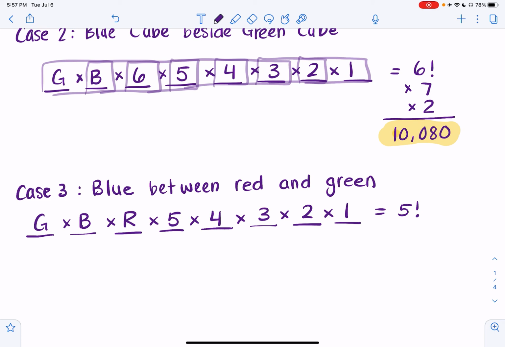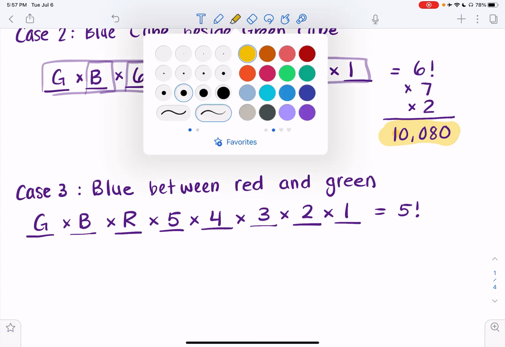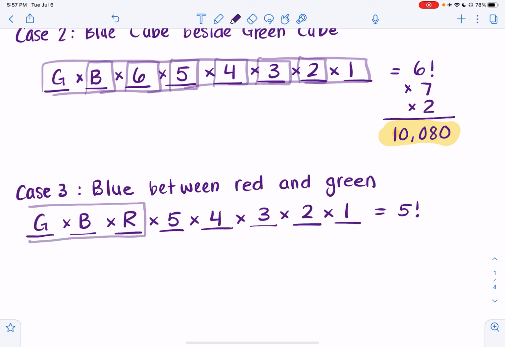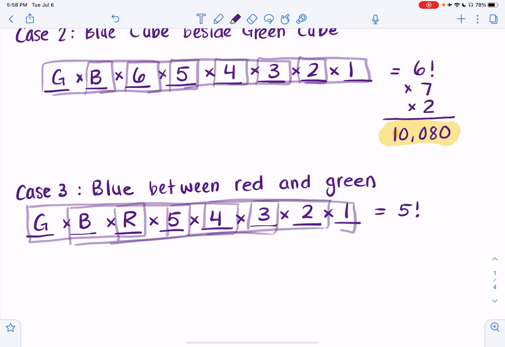Now we want to account for all of the different spots in which GBR could be. So, very similar to before, this GBR could be living here. It could also be living here. It could also be living here. And if I continue to put all of these boxes around all of the spots, we have 6 different spots where that could live.